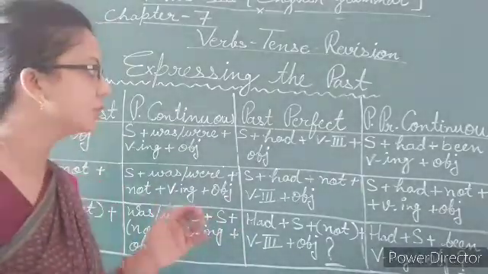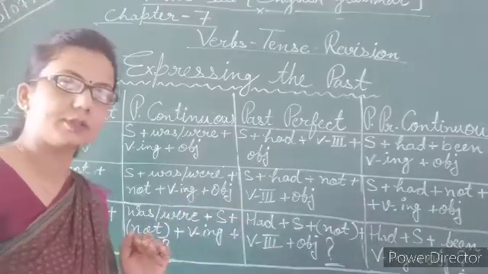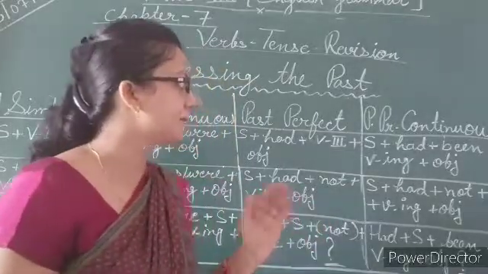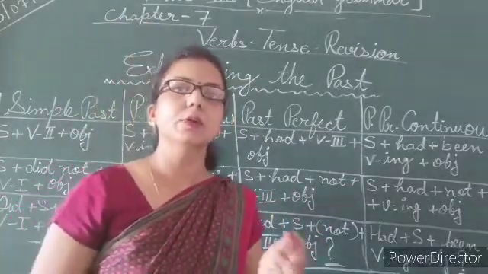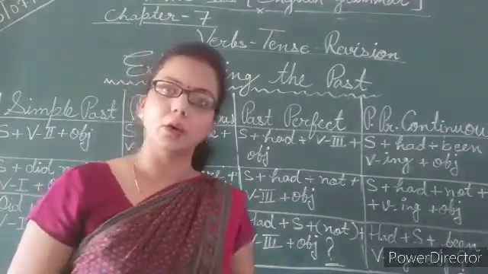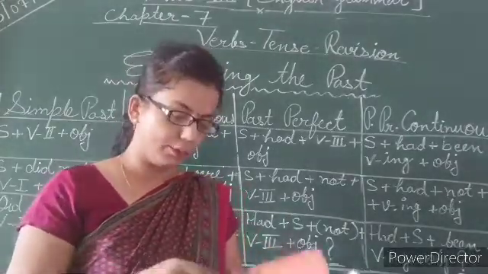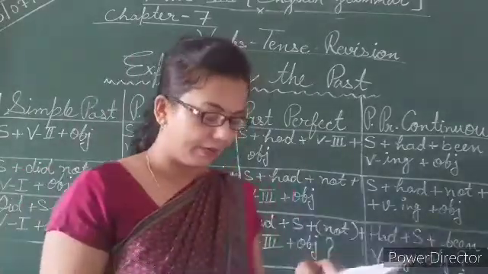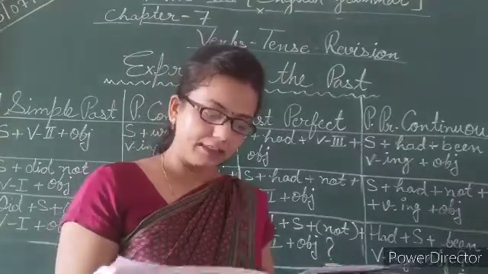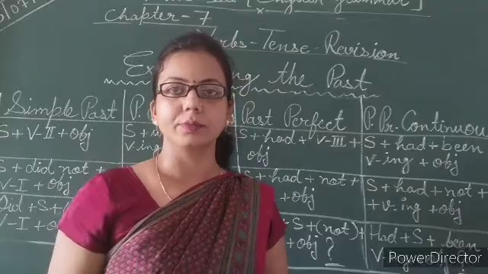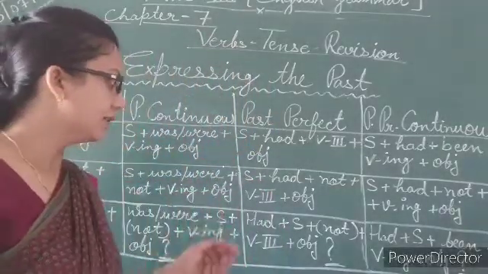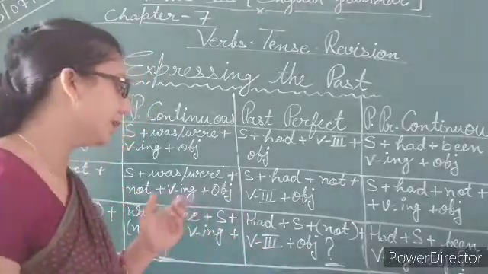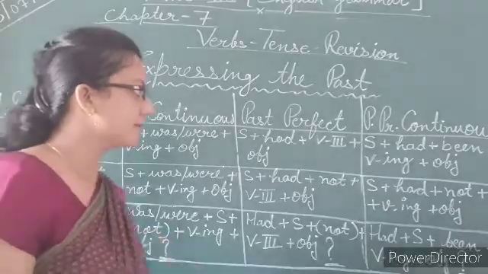The structure is subject plus had plus been plus the verb's ing form plus object. Have a look in your book at page number 38. The example given is my father had been teaching me maths till I joined the senior school. It means the action had started in the past and continued up until another time in the past.